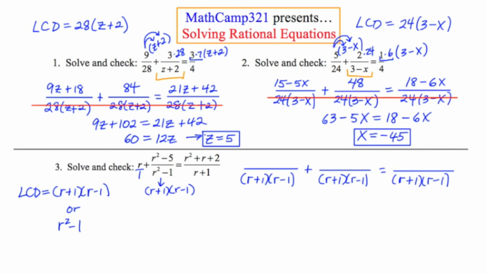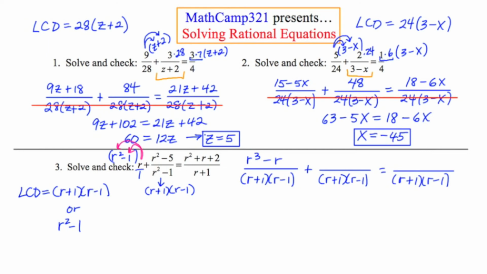If we look at the fraction all the way to the left, all we have is a 1, so we have to introduce everything. And the easiest way to think of everything is r squared minus 1, because I have to introduce an r plus 1 and an r minus 1, and that's really just r squared minus 1. So if I have to distribute this r into the r squared minus 1, I end up getting r cubed minus r.